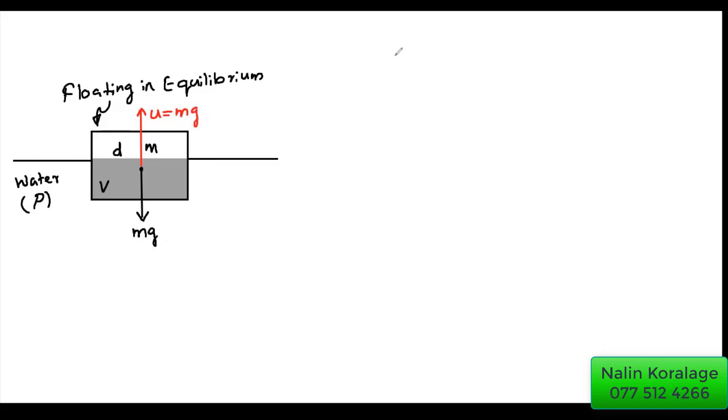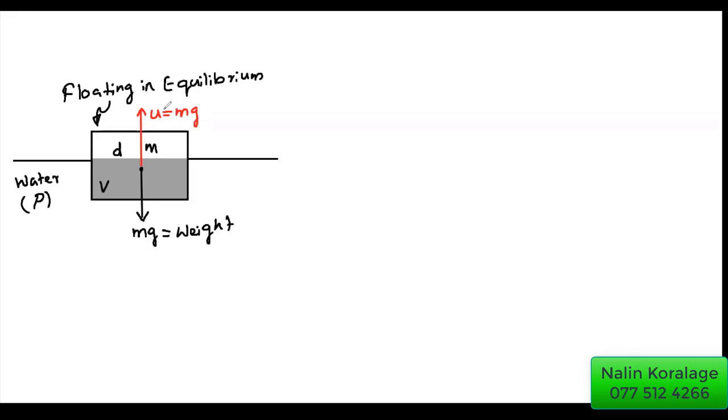Understood? Fine. So basically, U, the force which is acting vertically upwards, is equal to mg. Mg is the weight of the body, which is acting vertically downwards.